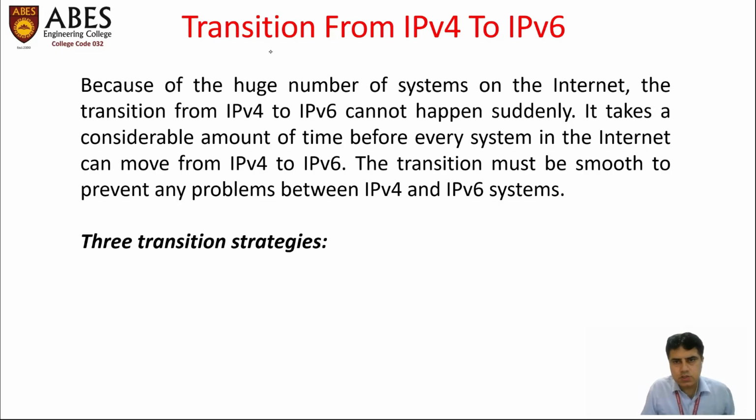Next is transition from IPv4 to IPv6. Because of the huge number of systems on the internet, the transition from IPv4 to IPv6 cannot happen suddenly. It takes a considerable amount of time before every system on the internet can move from IPv4 to IPv6. Some systems are currently using IPv4 and some are switching to IPv6. So the transition must be smooth to prevent any problem between IPv4 and IPv6.